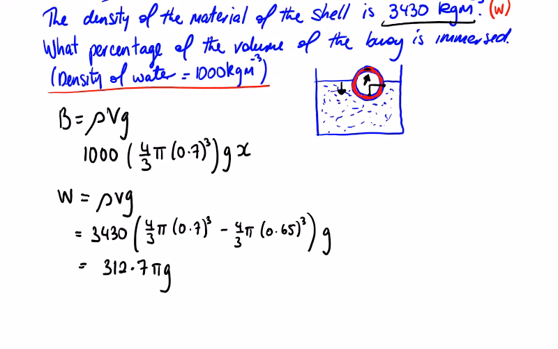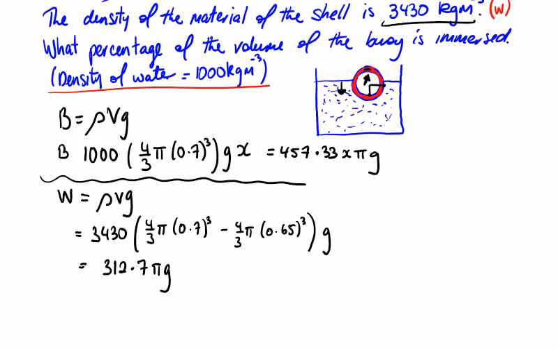And if we go back up here to my buoyancy, and we type this into a calculator, 1,000 by 4 divided by 3 by 0.7 cubed, we are going to get 457.33. And this is going to have an x in it, x pi g. So leave the pi g's out because we're going to see they'll be able to cancel. So these two have to be equal. And then we'll be able to find x.